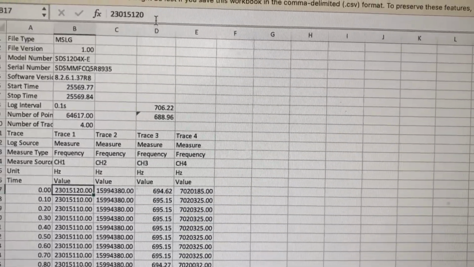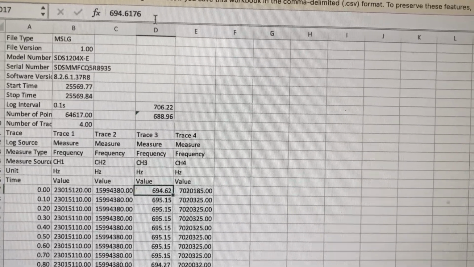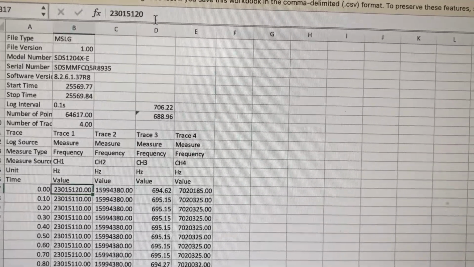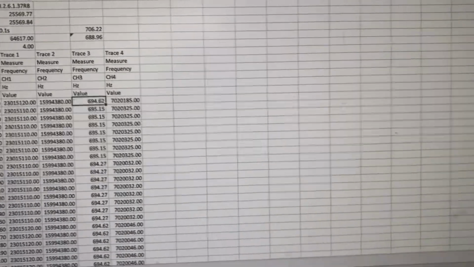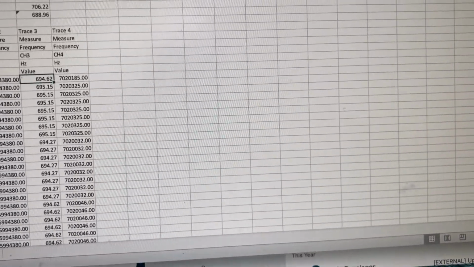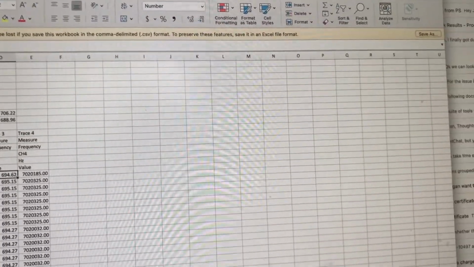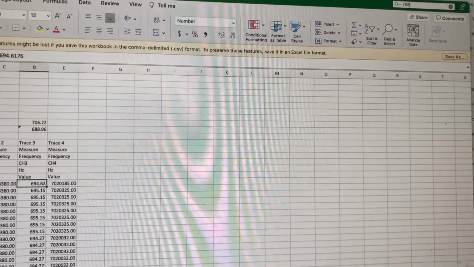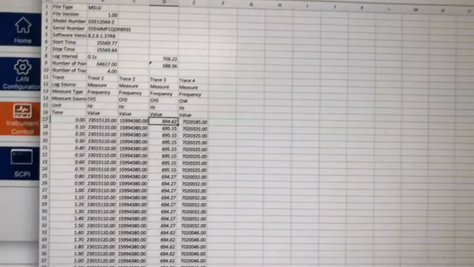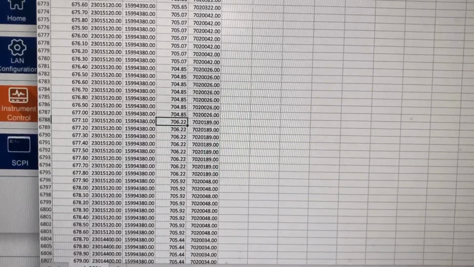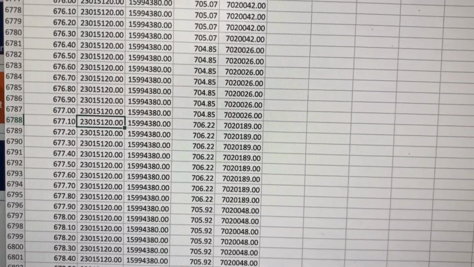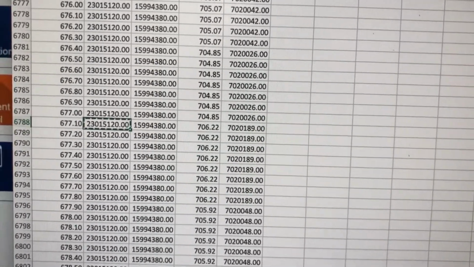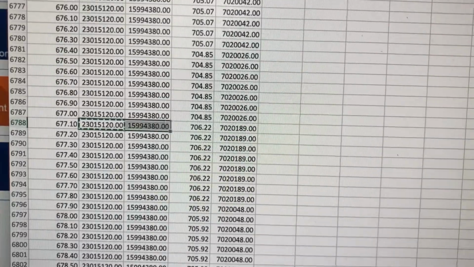So let's see what our local oscillator frequency was at our highest. So we're gonna do a search here for 706.22. Okay, so our local oscillator frequency at that point was 23015.120, and our beat frequency oscillator.